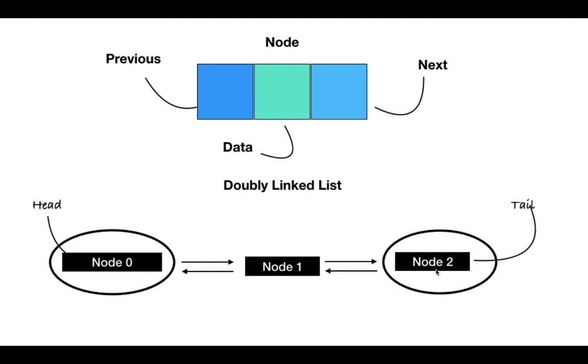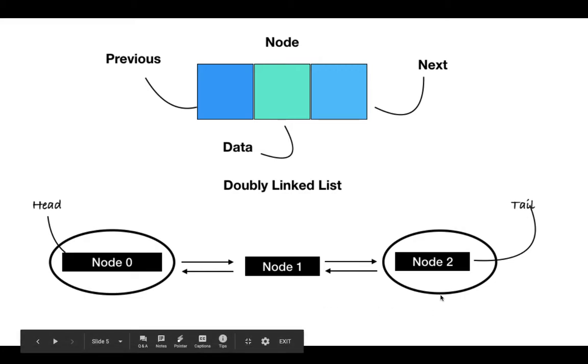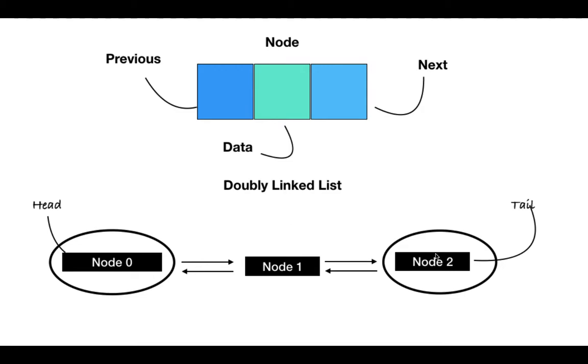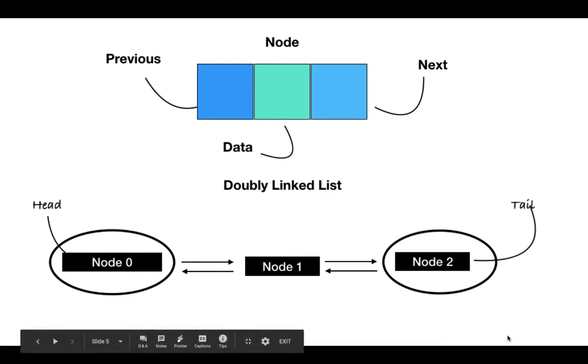How do we detect the end, the last node, in a doubly linked list? For the last node, node 2, the previous part is node 1, but the next part doesn't contain anything, so it is nil. So you can easily find out.